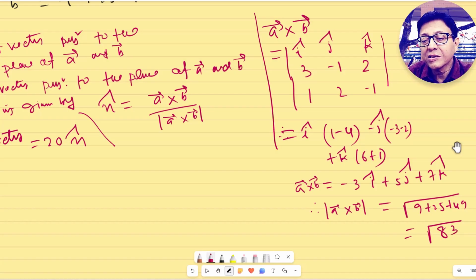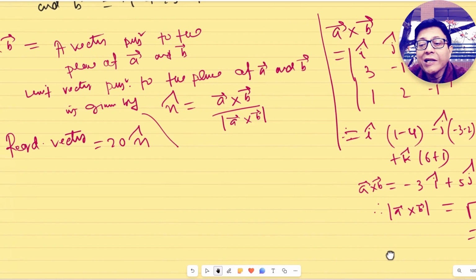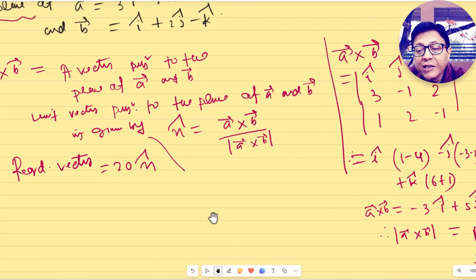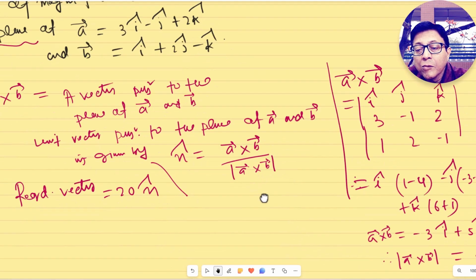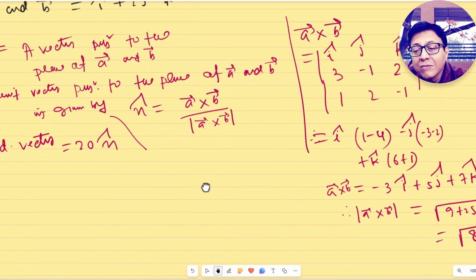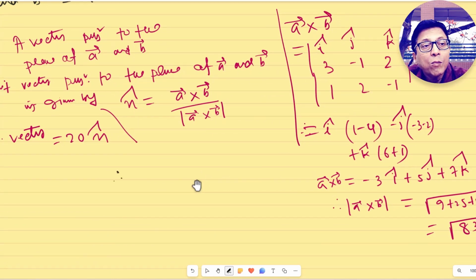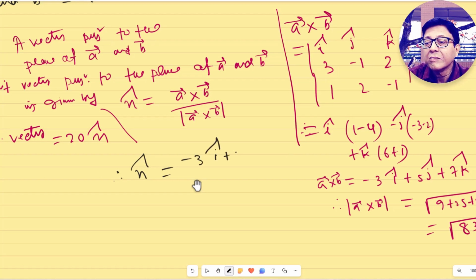So this is minus 3I plus 5J plus 7K. Clear? So A cross B you got here. Mod A cross B is what? Mod A cross B will be 9, 25, 49. That is root 83.